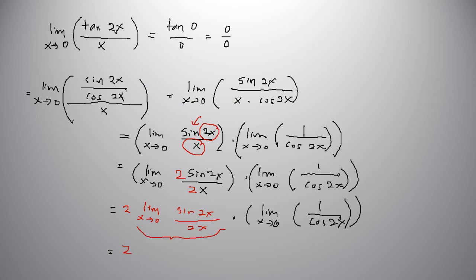The limit of sine 2x over 2x as x approaches 0 will be equal to 1 by using the squeezing theorem. Multiplied by the limit as x approaches 0 of 1 over cos 2x, we will substitute x equal to 0, so 1 over cos 0, which is 1. So 2 multiplied by 1, and we get our answer is equal to 2.